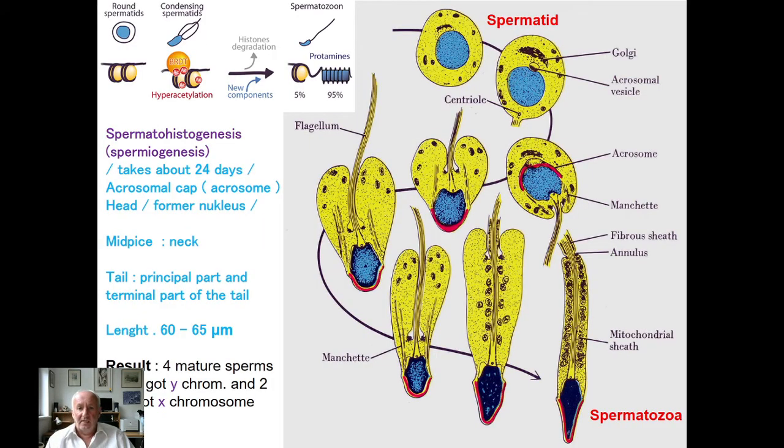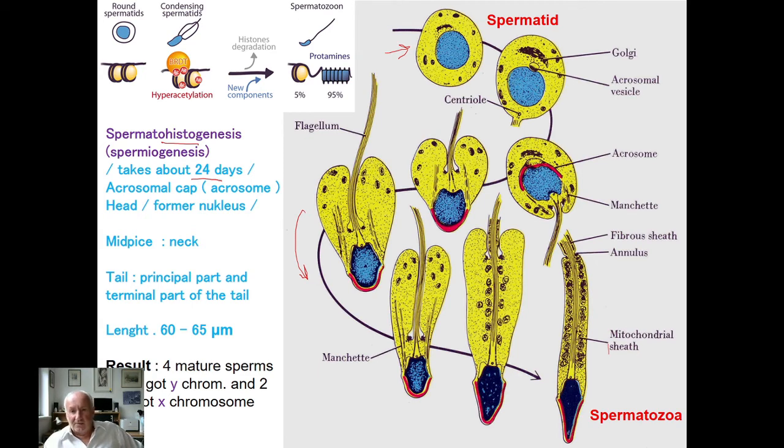Here you see a spermatid at the beginning, this cell. And now you see slowly, running down this line, the procedure of spermatohistogenesis to the result, a definitive spermatozoa. You see that only the procedure of spermatohistogenesis is lasting around 24 days.